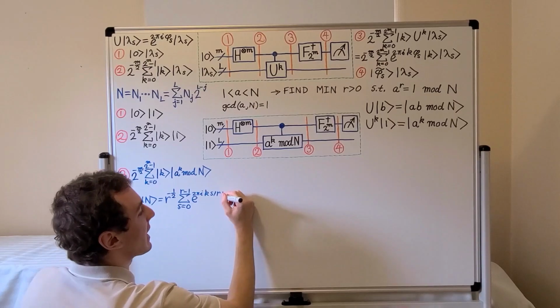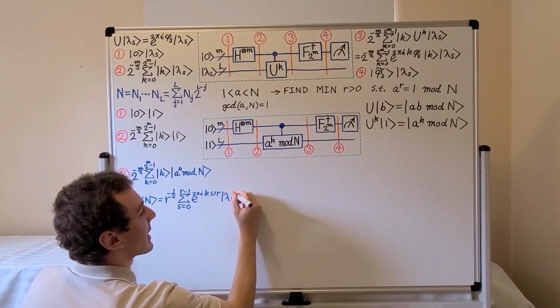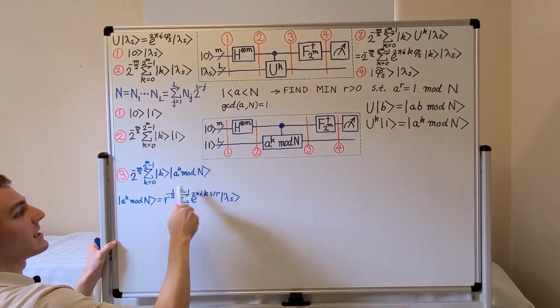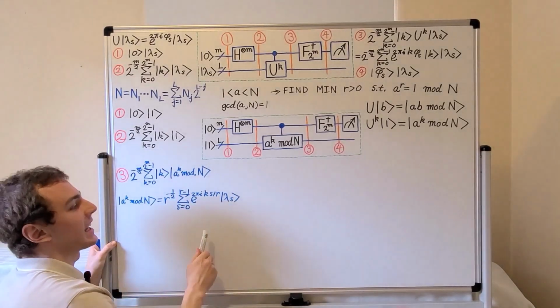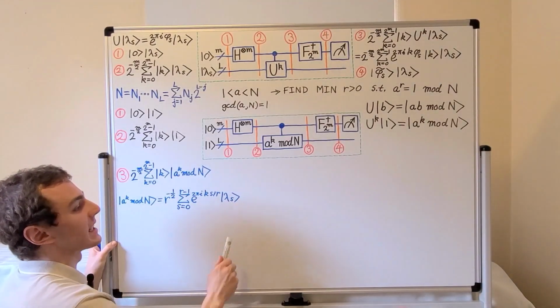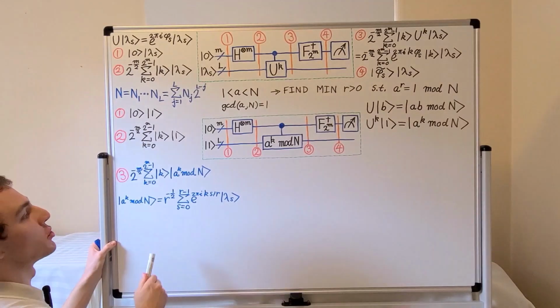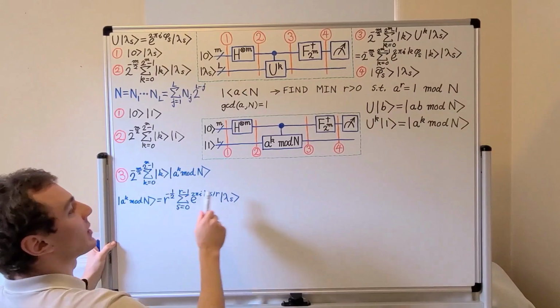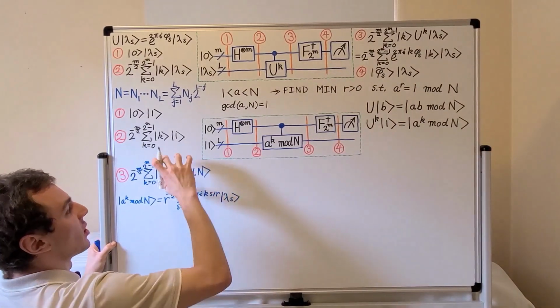And then we're going to have the eigenstates lambda sub s. So this state can be expressed as a superposition of the eigenstates of the unitary operator U. And now that we have this relationship, let's substitute this over here.